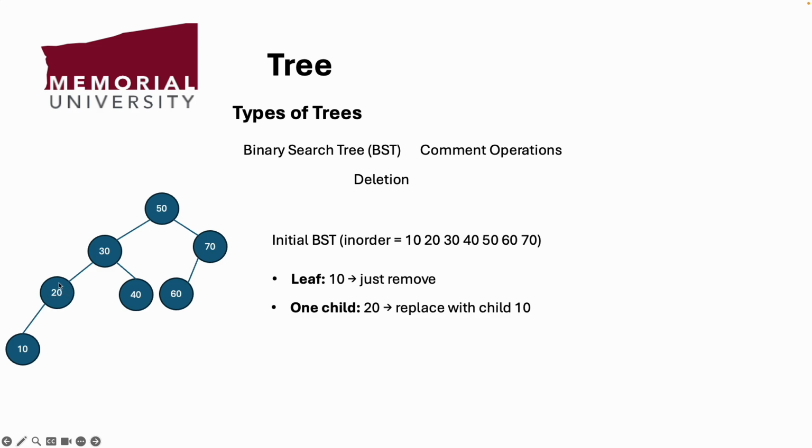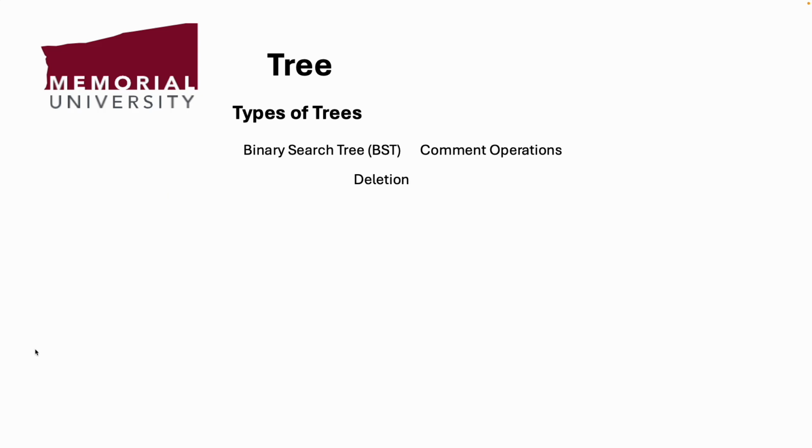To delete node 20, we find the node 20 and find its child, which is node 10. And then we just replace the node 20 with its child, node 10. Okay, that's it.